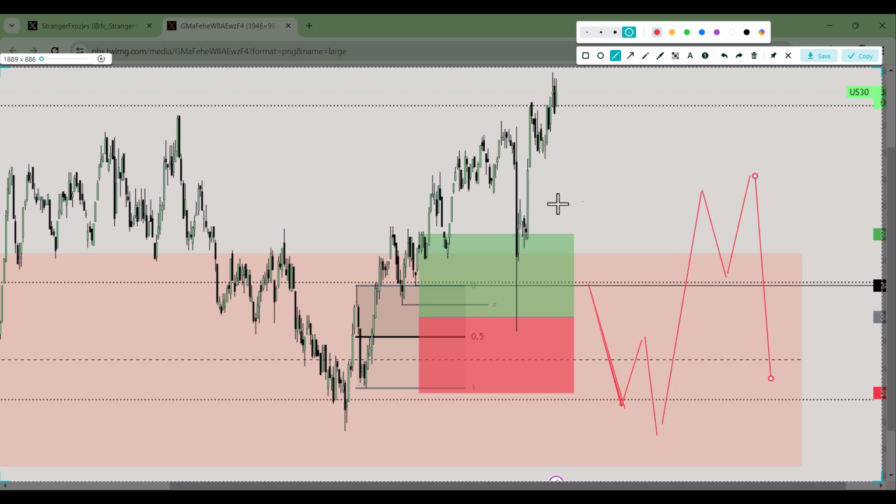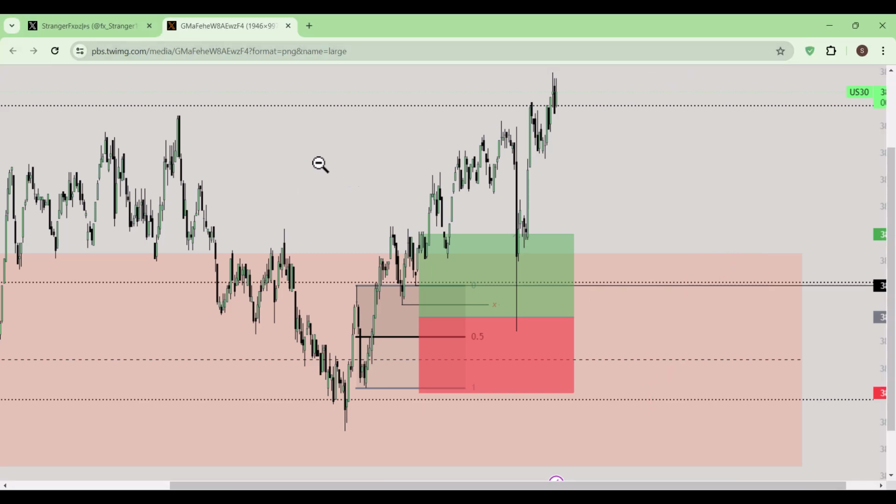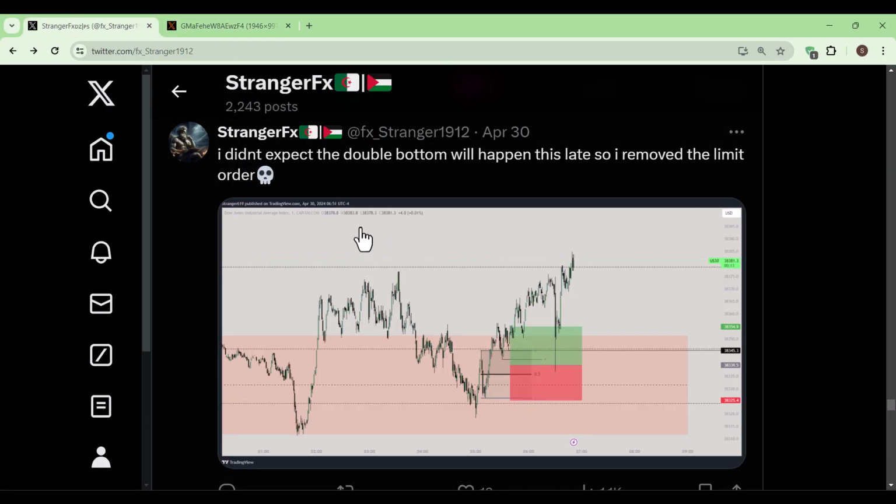This leg is a pullback into a higher time frame unmitigated zone. As I told you, price will not keep printing higher highs and higher lows forever. It needs to break all of them to pull back into a zone in the higher time frame, and then continue to the upside. This is something that you need to pay attention to when backtesting.